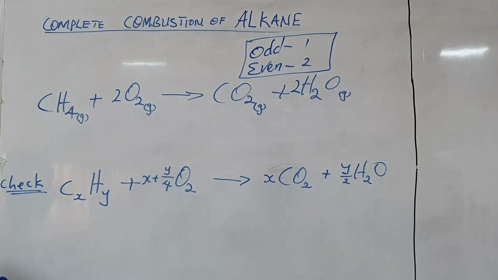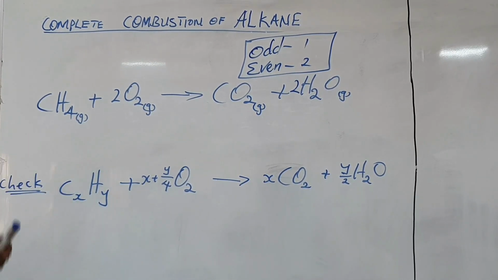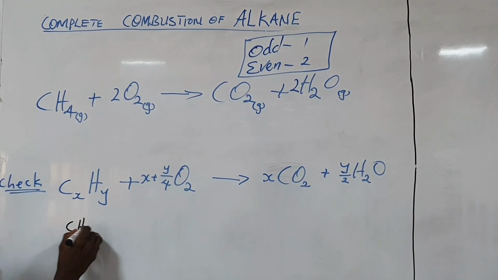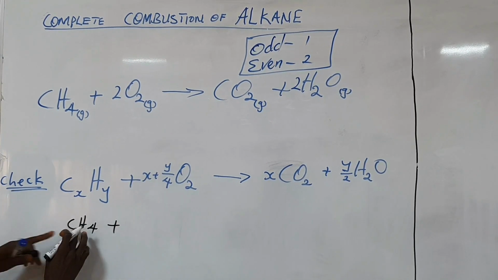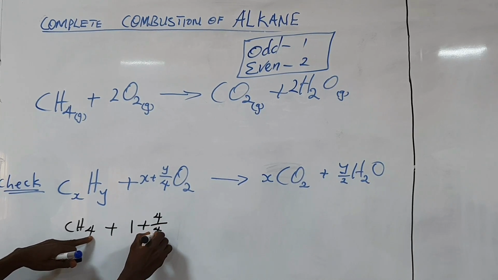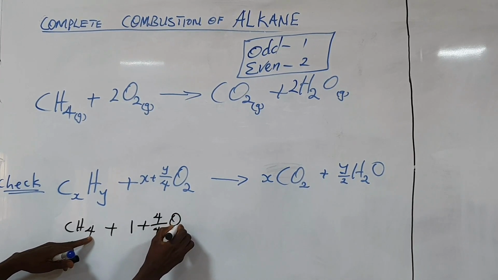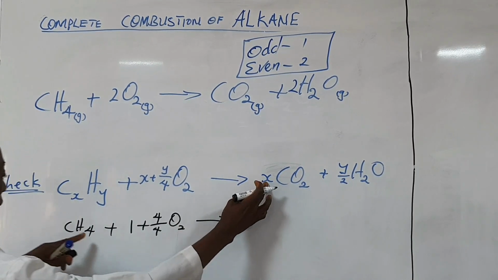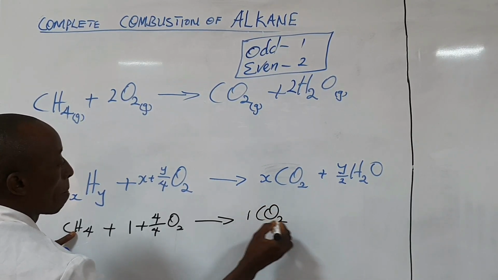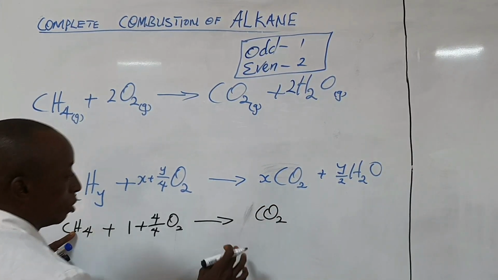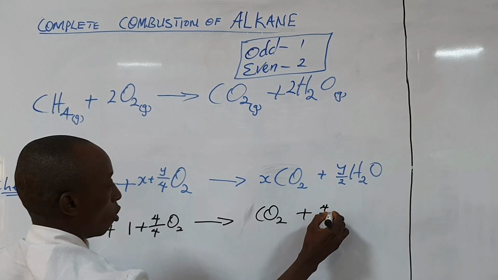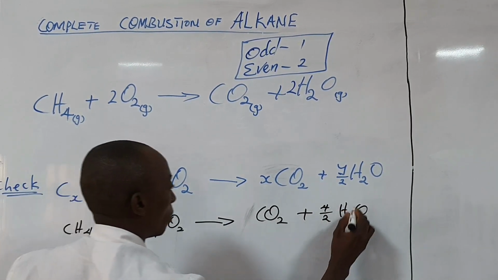Now, going back to methane, here we have only one atom of carbon, so CH4 plus 1 plus 4 over 4 of oxygen, to give you 1, that is only 1, CO2. Plus y stands for 4, that's 4 over 2 of H2O.